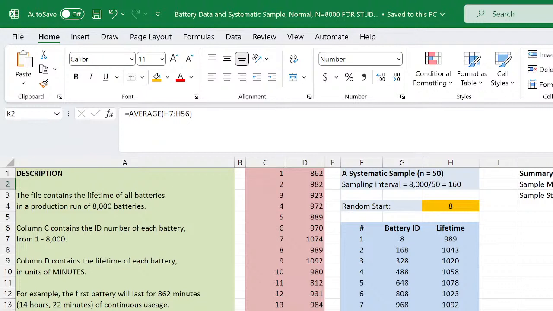Okay, this is the one I really want to do. 250. And the shape is approximately normal.